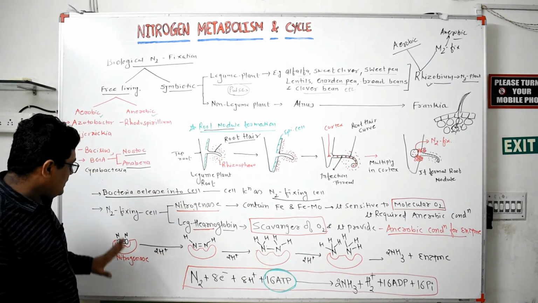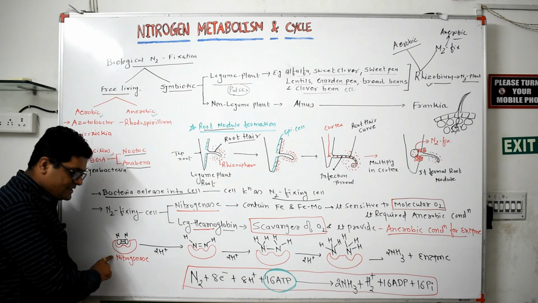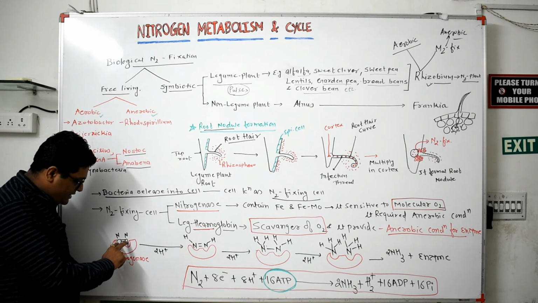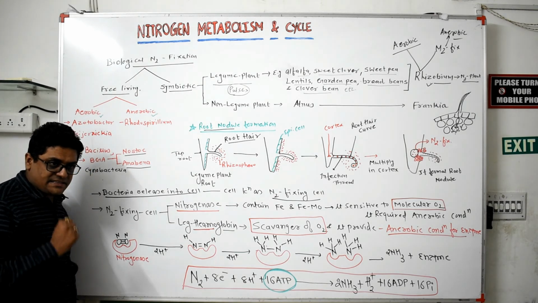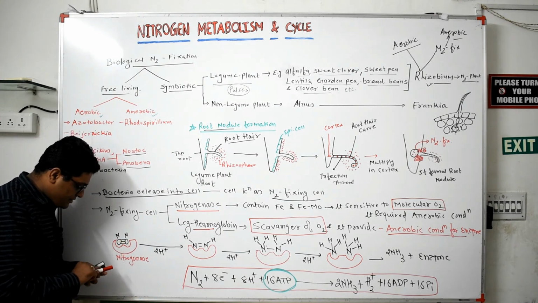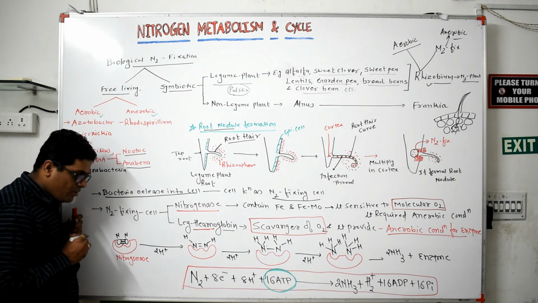Now, how does the nitrogen get fixed? This is the nitrogenase enzyme. It binds with the two atoms of nitrogen, which, as we discussed earlier, are combined with the help of three strong covalent bonds.